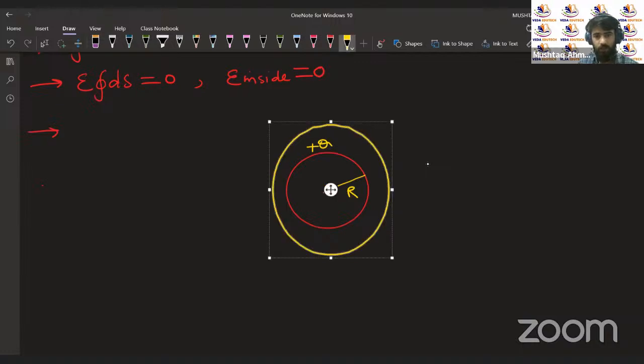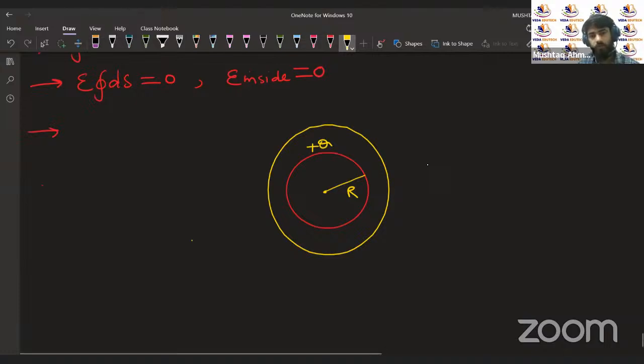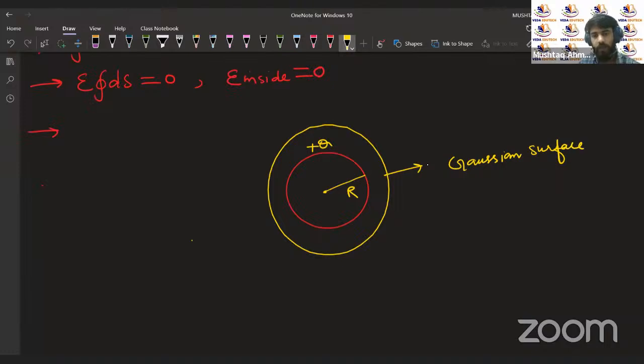So this is our Gaussian surface, and the radius of this Gaussian surface is equal to r. On this Gaussian surface, the magnitude of the electric field intensity will be the same at every point.